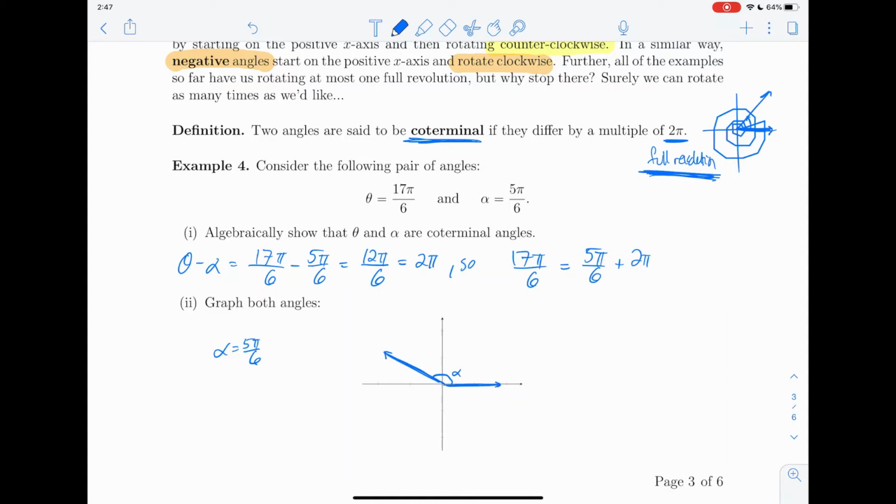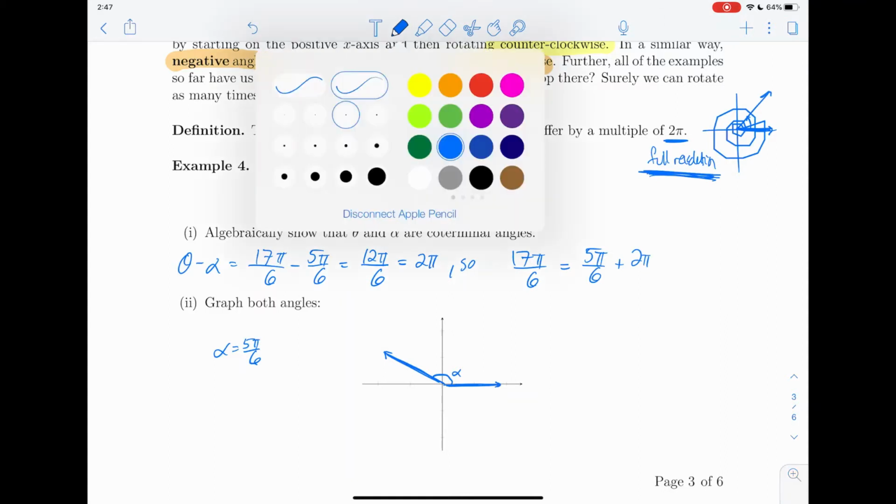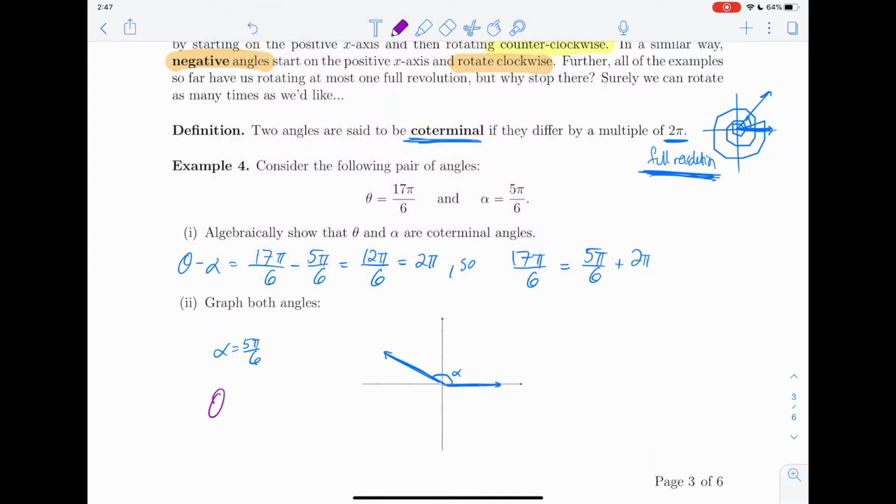Whereas, I'm going to use a slightly different color here. If I instead wanted to draw theta, which is 17 pi over 6, what this equation is telling me is that, yes, I'm going to end up pointing in the same direction, but I'm going to get there slightly differently. What I'm going to do is introduce a full revolution first.